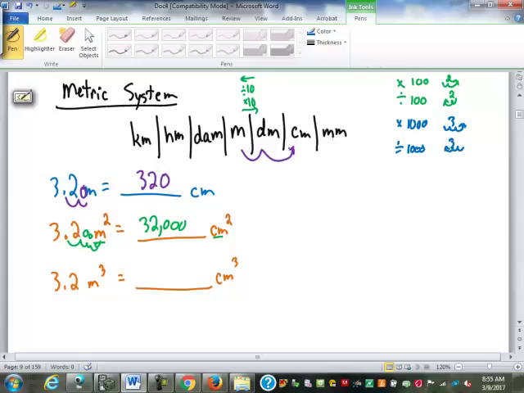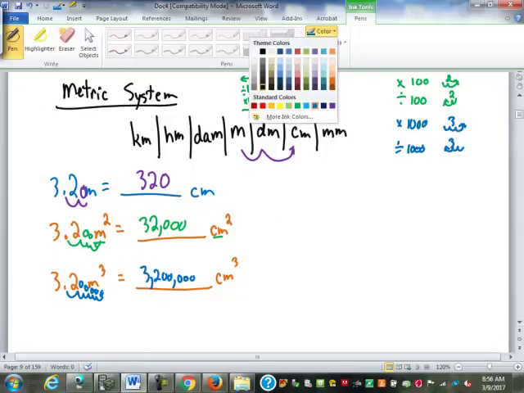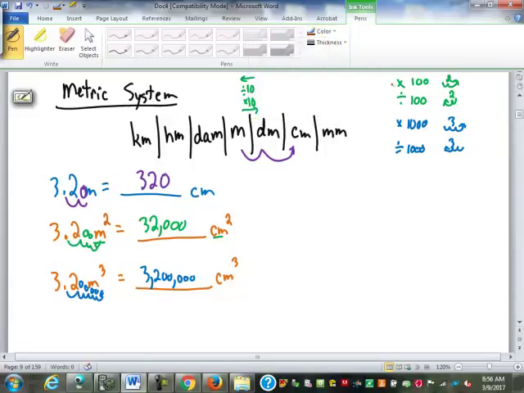So yeah, the 2 spots here would make it 6 decimal places. So 1, 2, 3, 4, 5, 6. We have to add 5 zeros in there. 3,200,000. Look like fun? No.